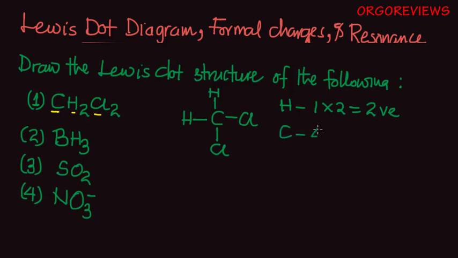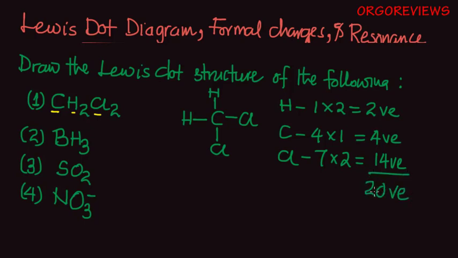Carbon has 4 valence electrons, and there's only 1 of those, so that gives us 4 valence electrons. Chlorine has 7 valence electrons, and there are 2 of those, that gives us 14 valence electrons. So if you add all of this together, that gives us 20 valence electrons.